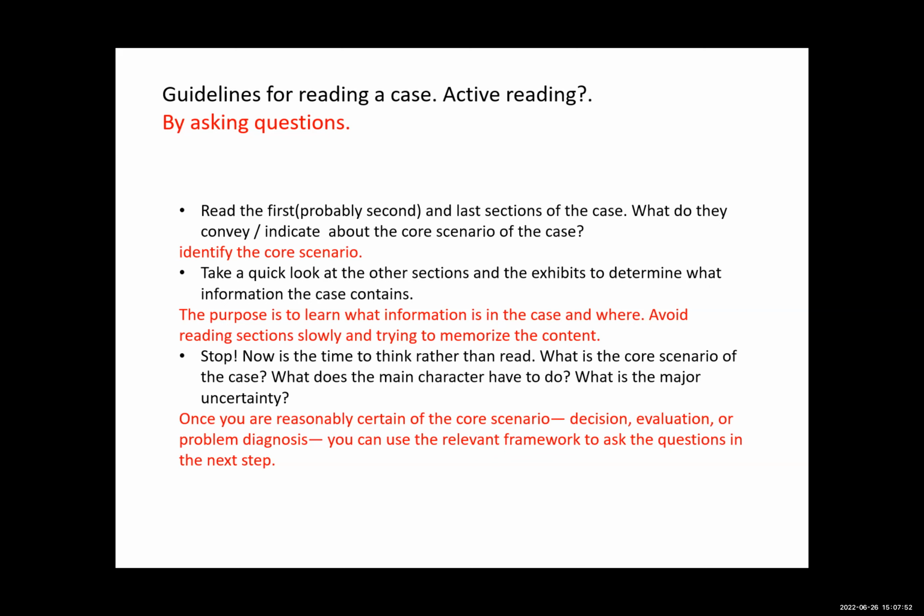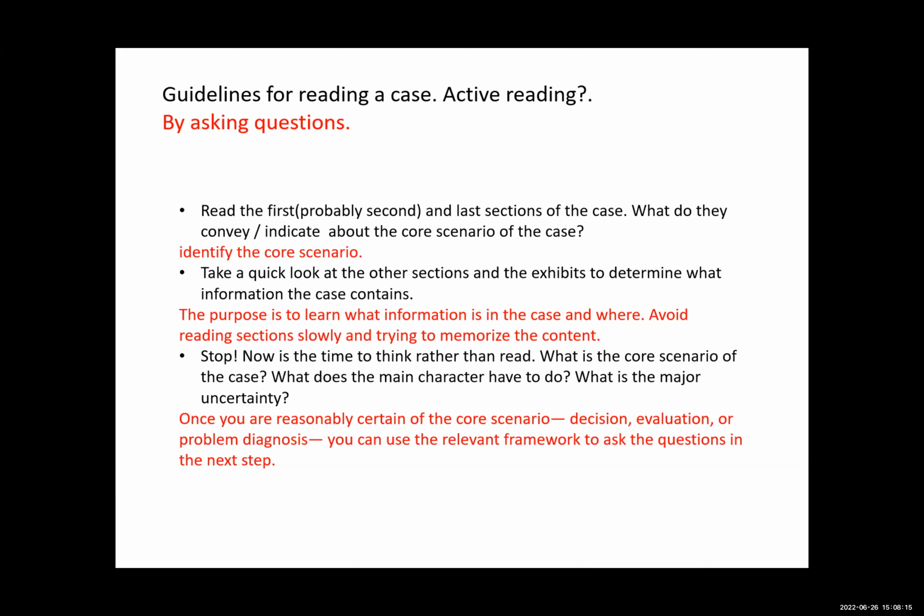The moment you have a grip over these things, it is very easy to delve deep into the case. So that is the first basic mindset: don't jump blindly into the case. Value addition will be very less. The moment you ask these questions, the moment you identify the core scenario and the uncertainty in this.